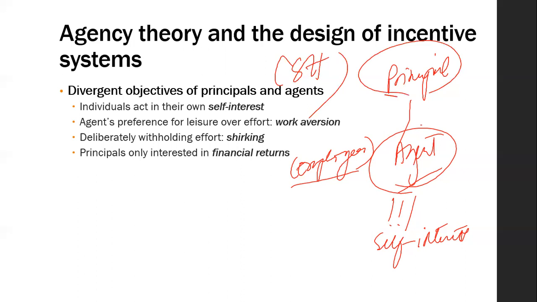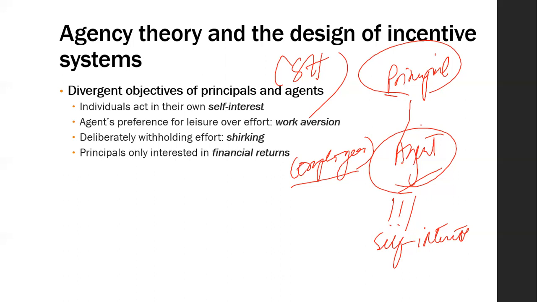That's why it's hard to design incentives: the principal needs financial returns, but the agents or the employees have different interests. So how do you align them and design an incentive system that will allow them all to care about financial returns? That's why it's difficult to design incentive systems, because of divergent objectives.